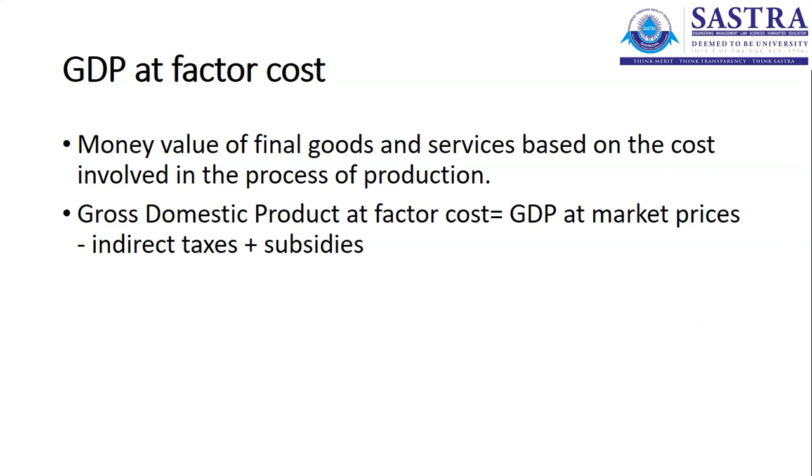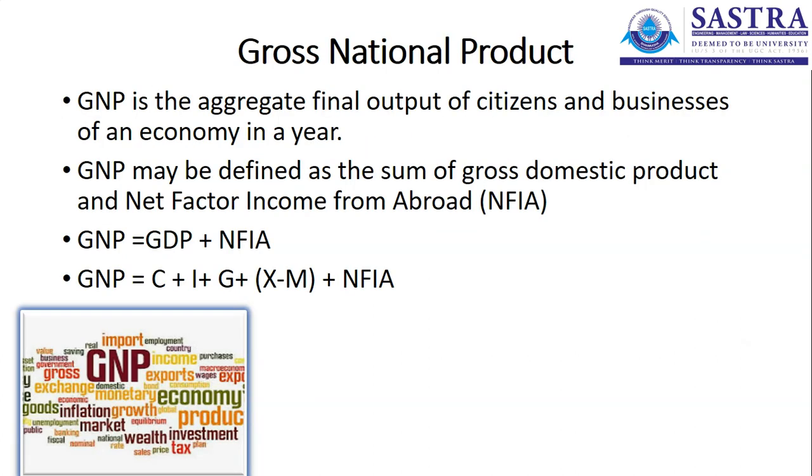So GDP at factor cost is derived from GDP at market price, or GDP at current price, by subtracting the indirect taxes and adding the subsidy given by the government. It means the total cost incurred by the government or the industries to produce the goods or give the goods to the end user. So on the side of the producer, we calculate this price. And gross national product is a concept we measure.